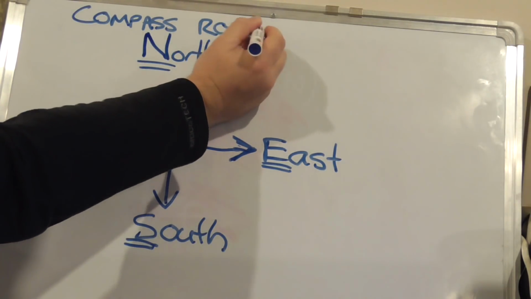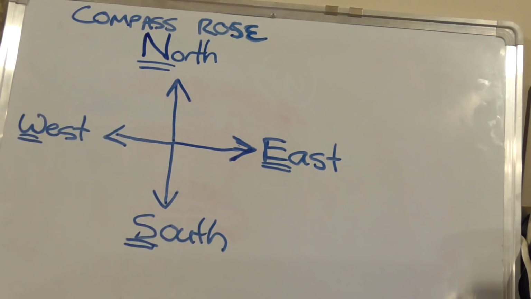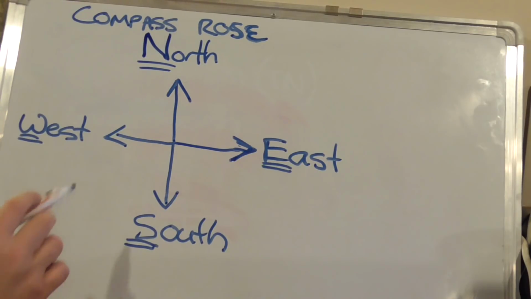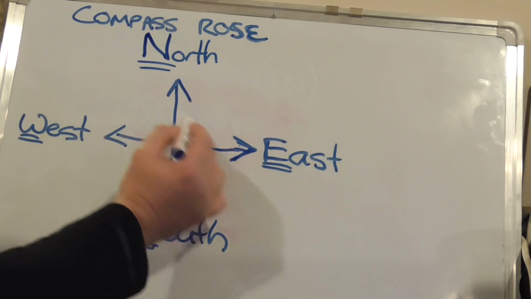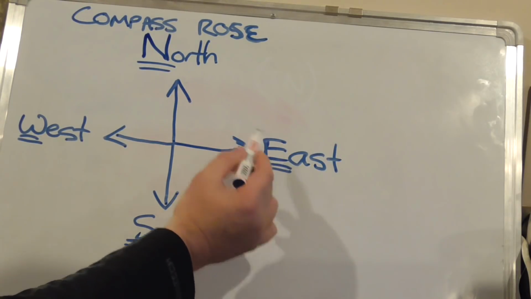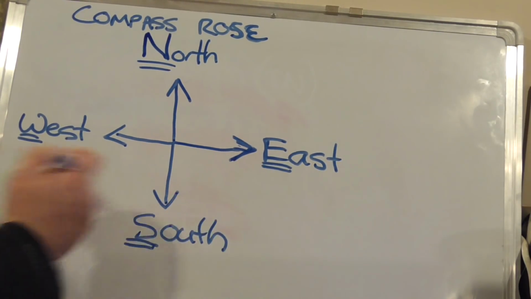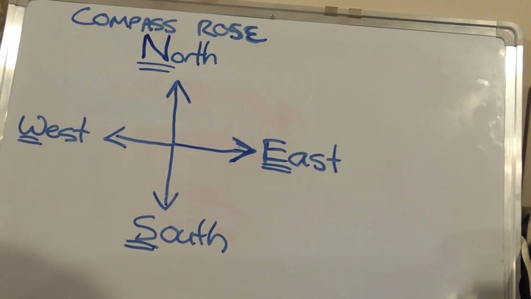Now it's very important that we understand these points. So always north at the top, east is out to the right, south is down the bottom, and west is out to the left. Now how can we remember this?